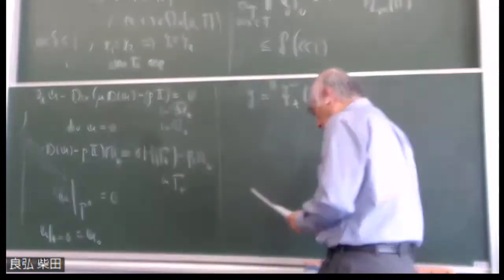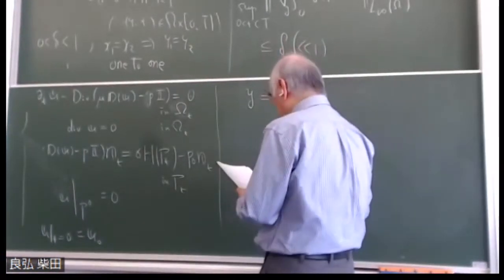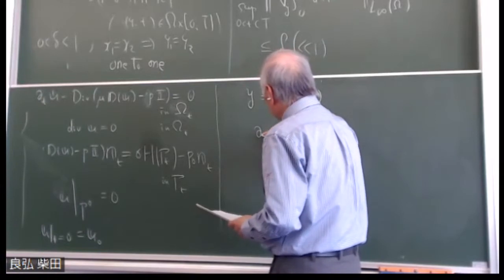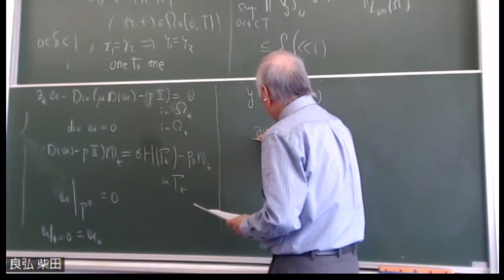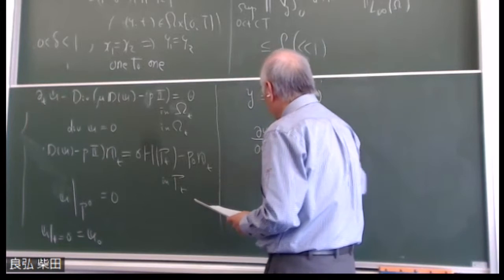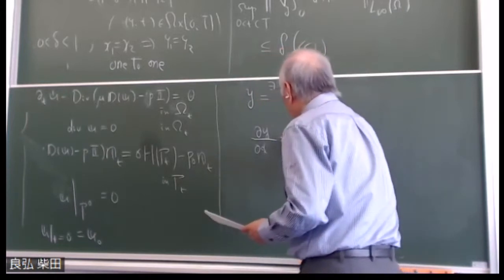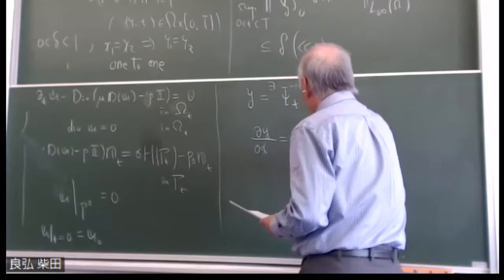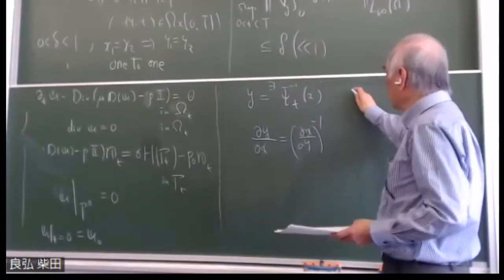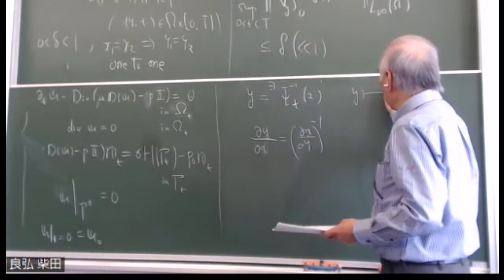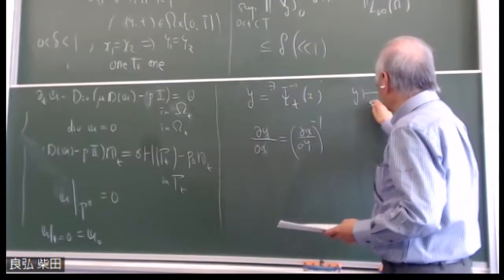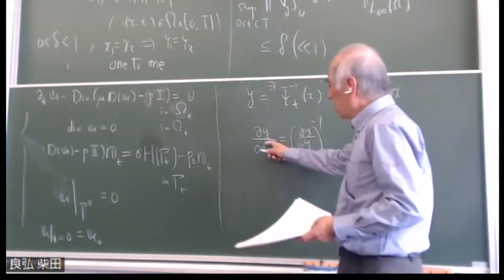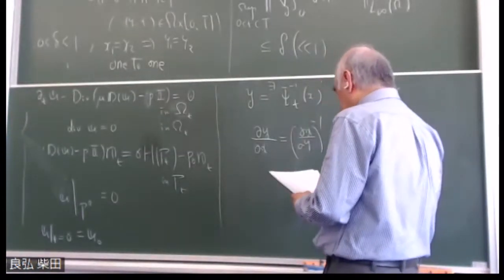Now we change a variable. It's also complicated. So now we have to calculate this one. This is the plus matrix of this. And now we consider y to x, but it is also x to y. So we have to calculate this one.